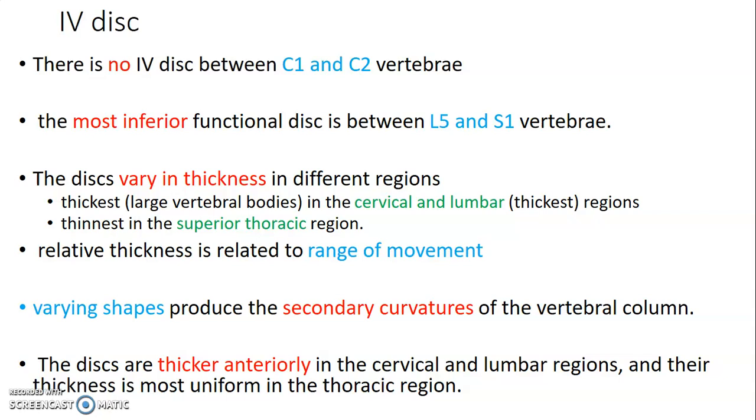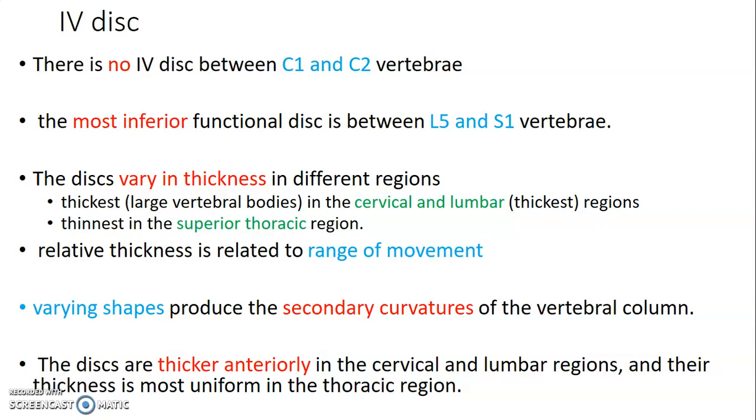The more weight you bear at the vertebral column, the thicker the disc will be. So the disc will be thick in the cervical and lumbar region to allow more motion, and thin in the superior thoracic region. So this relative thickness is related to the range of movement, actually. In the cervical region, the discs are even thicker than the bone, and the lumbar region also has the thickest discs for a high range of movement.